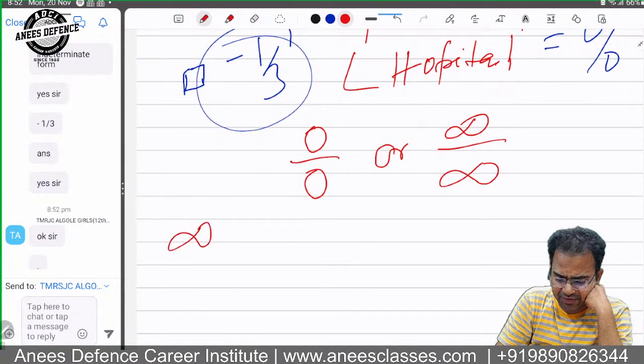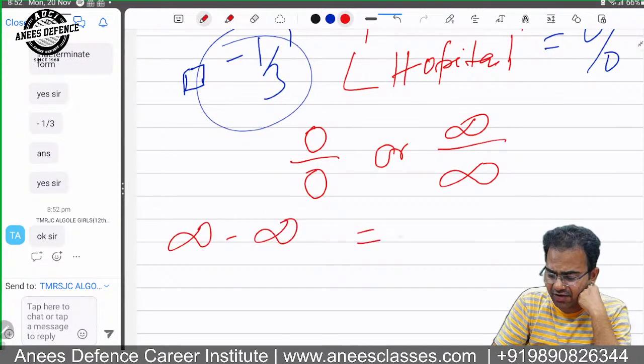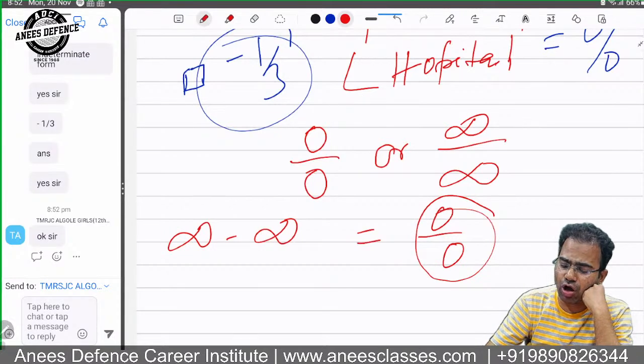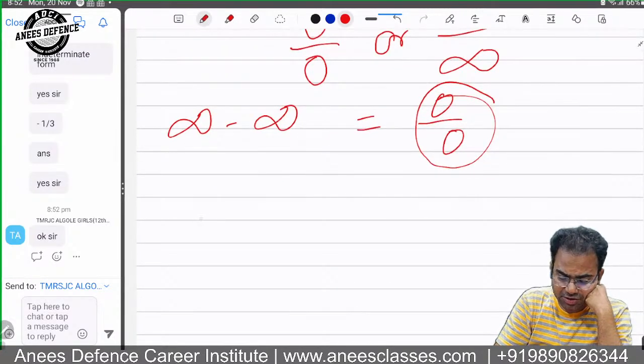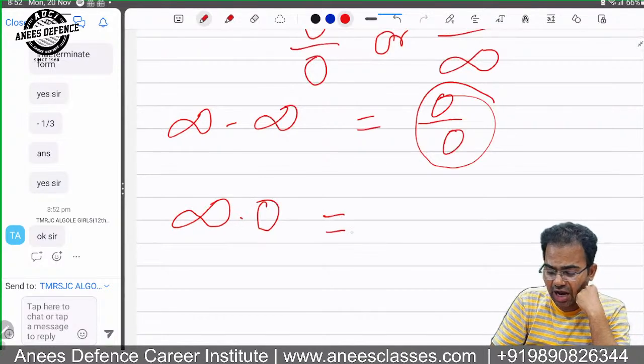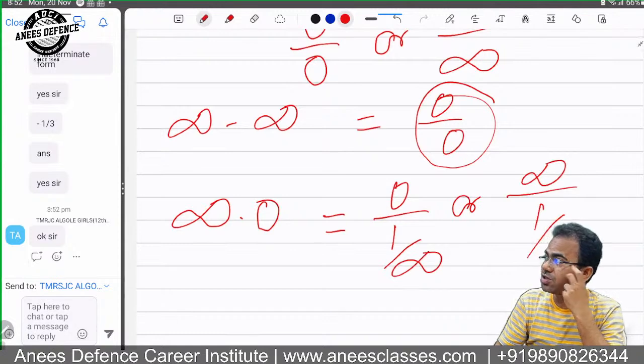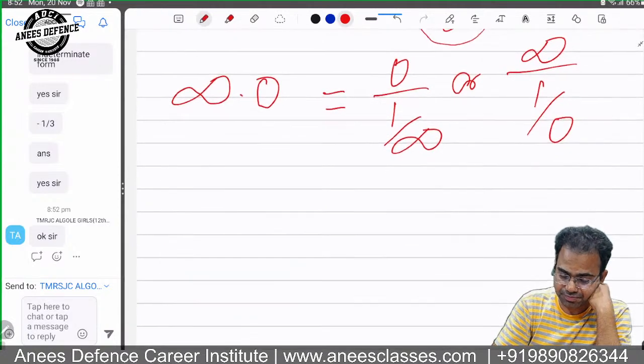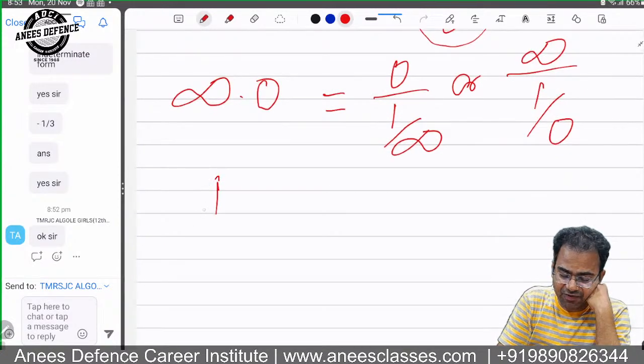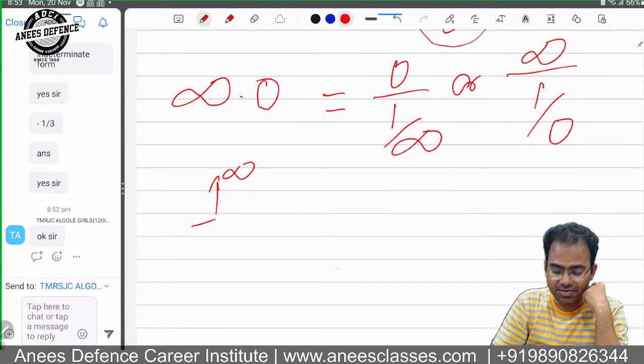Suppose that I have infinity by infinity, I will convert it to 0 by 0. Then I will use the L'Hopital method. Suppose that I have 0 into infinity. I will convert this to 0 upon 1 upon infinity, or infinity upon 1 upon 0. Then I will use the L'Hopital method. Suppose that I have 1 to the infinity.